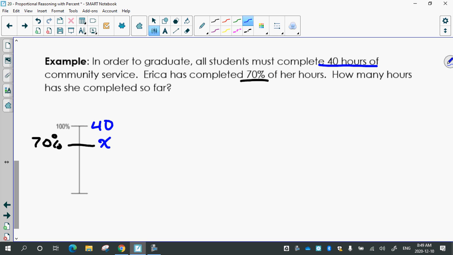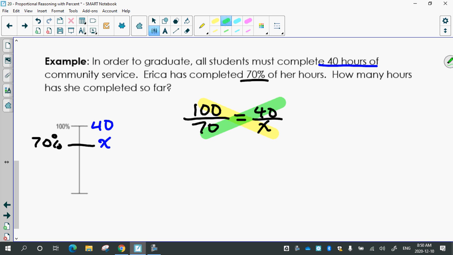So once I've completed my diagram, I can now make my proportion. It's going to be 100 over 70 equals 40 over X. And now I can cross multiply. So find your X, 100X equals 2800.